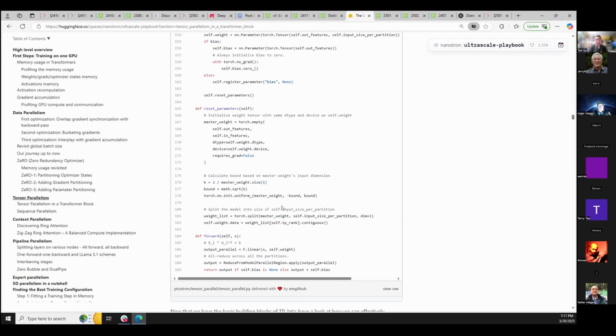It's because you have to actually decide, my attention Q matrix, how am I going to do it? My attention K matrix, do I do it the same way or do I do it differently? And like every single one. But then once you did that, theoretically, if you had a naming convention like Hugging Face does, you could say every matrix that matches this regex in the name, do it row-wise.